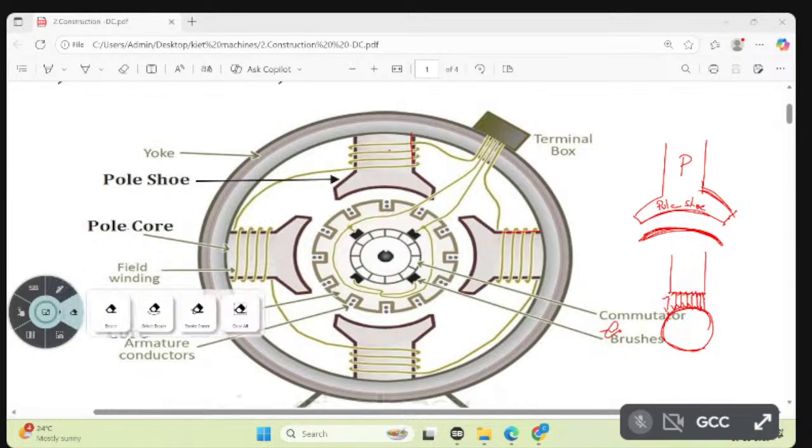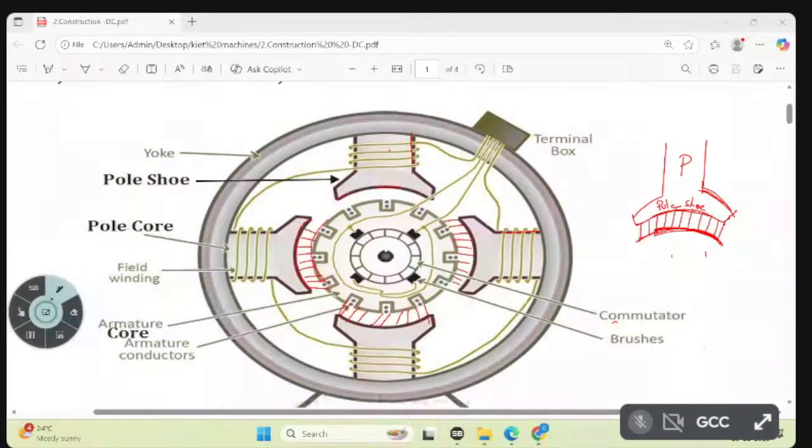See the distance between every point. The distance between every point is equal now. Wherever it is distributing, every point is at equal distance from the pole shoe face to the rotor conductors.